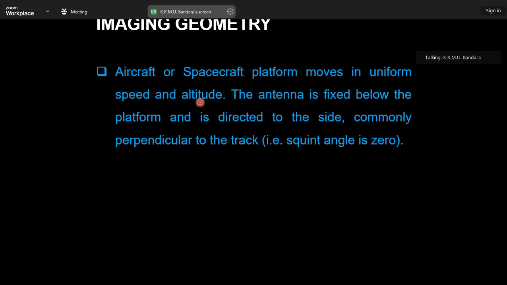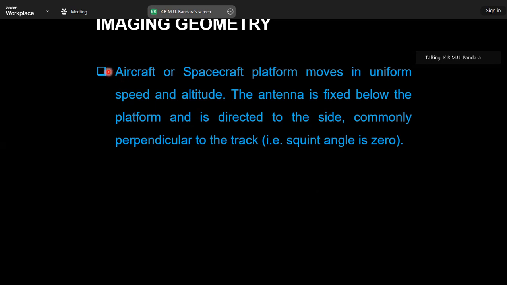The aircraft's direction can be changed in three ways. The antenna is fixed below the platform, same as in optical remote sensing, and directed to the side, not orthogonal, not nadir direction, commonly perpendicular to the track.